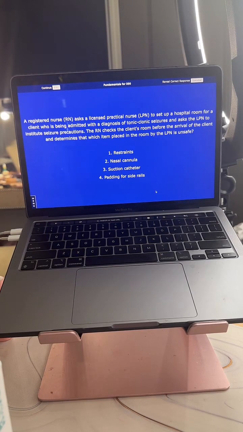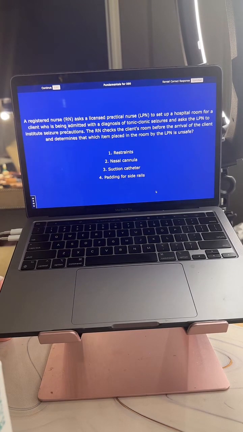What is our answer? Remember to say "what is" if you want the points, but go through the actual situation. We're setting up a hospital room for a client who's being admitted with a diagnosis of tonic-clonic seizures.